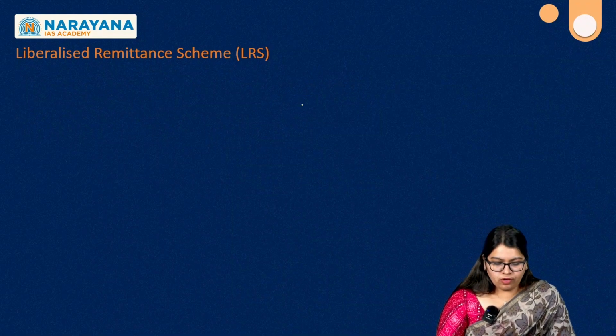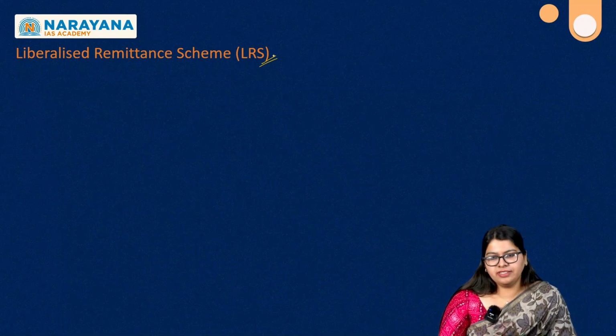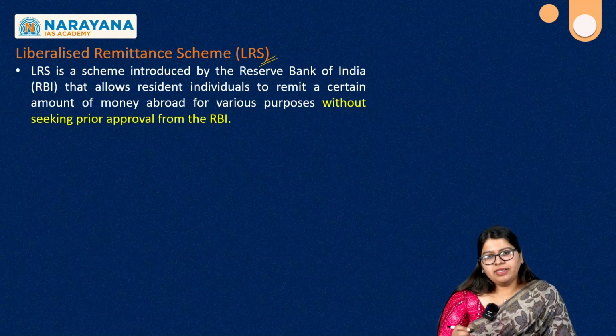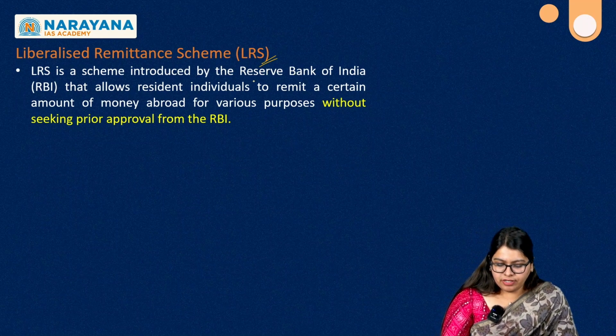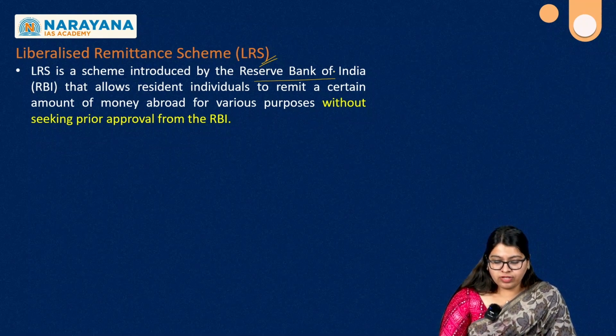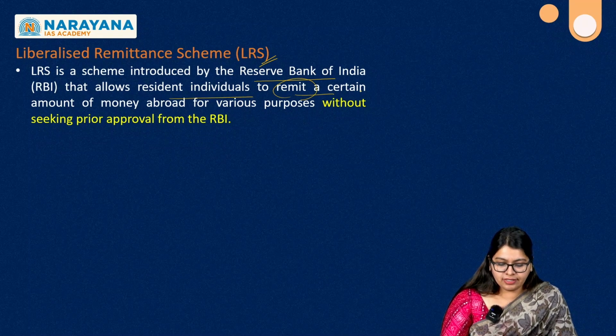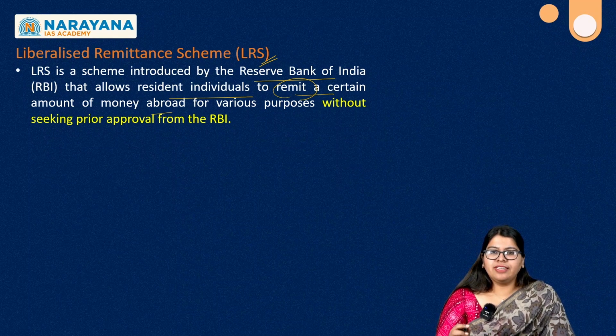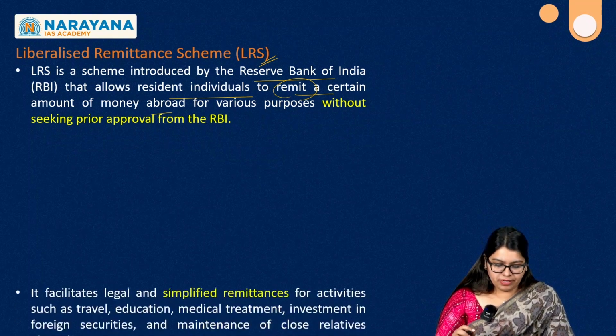Now let's move on to the concept of the Liberalized Remittance Scheme. Let us look into the provisions of the scheme. It is a scheme introduced by the Reserve Bank of India, which allows resident individuals to remit or transfer a certain amount of money abroad for various purposes without seeking the prior approval of the RBI.